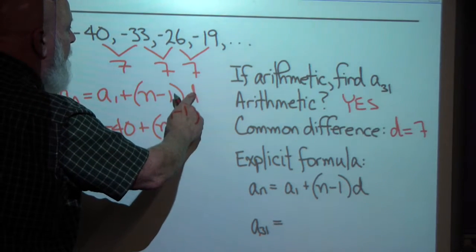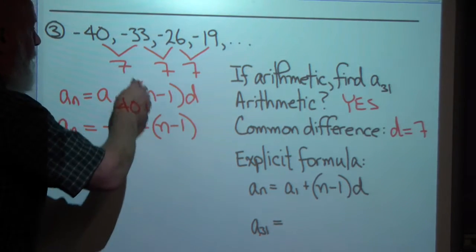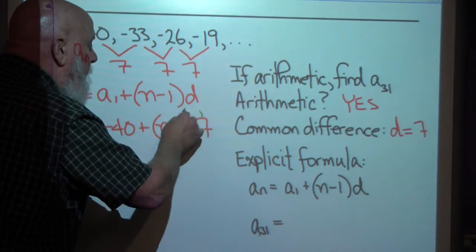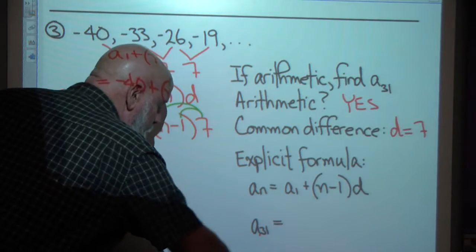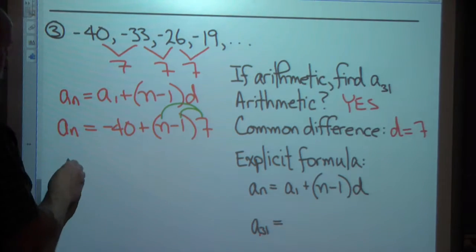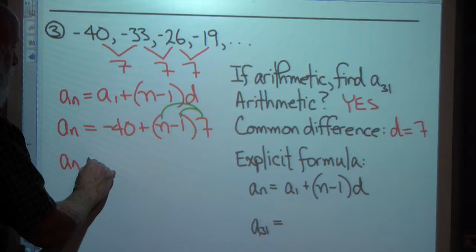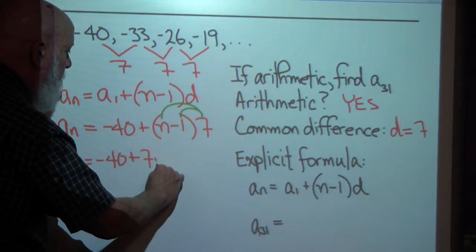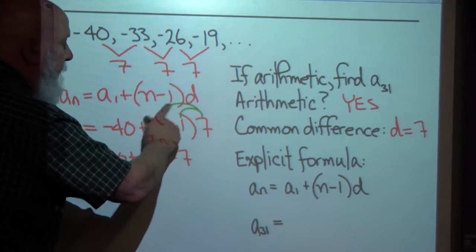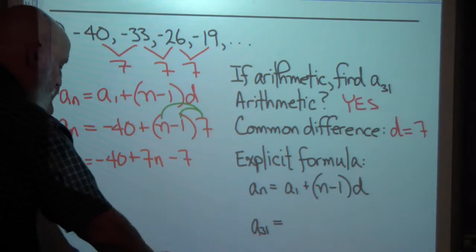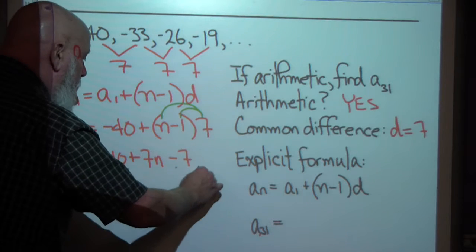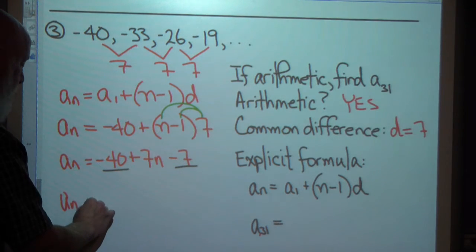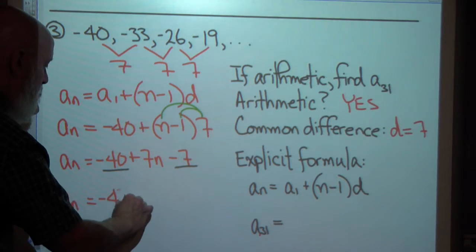Don't know how many terms there are, but I do know d is the common difference, which is 7. Now I'm going to open this set of parentheses using the distributive property and combine like terms just to simplify it a little bit. A sub n is equal to negative 40 plus 7n minus 7. That's what I get if I distribute this. These two terms right here will combine, and that will give me A sub n is equal to negative 47 plus 7n.